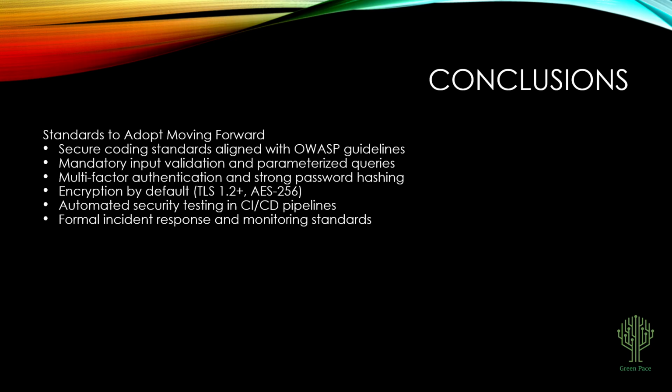Security is not a one-time task. It requires consistent standards, automation, monitoring, and ongoing developer awareness. By formalizing these controls and embedding them into the development lifecycle, the organization can move from reactive security to a proactive, resilient posture that protects both its systems and its reputation.